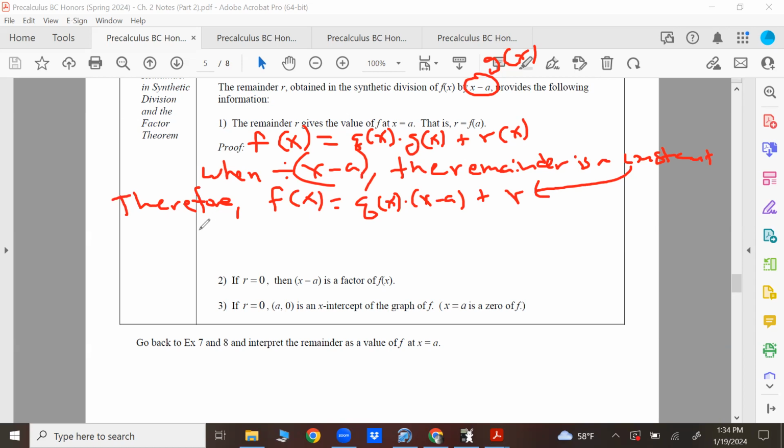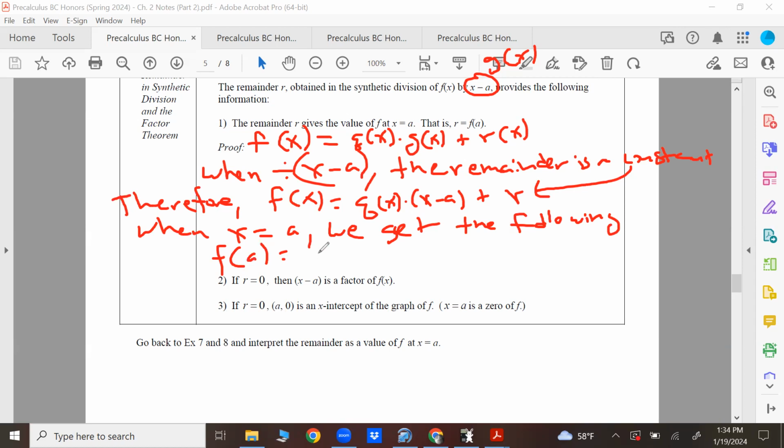So then when x equals a, we get the following. And these just go away. So what does f of a equal? The remainder. And that's the proof of the remainder theorem.